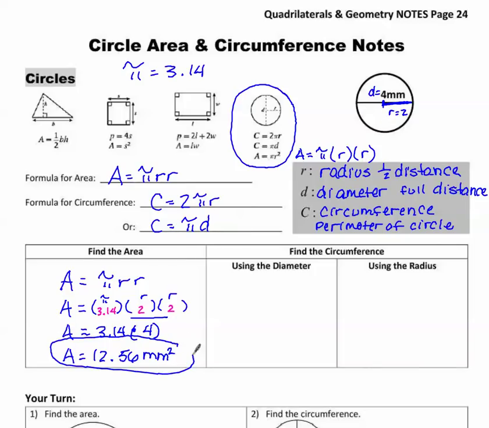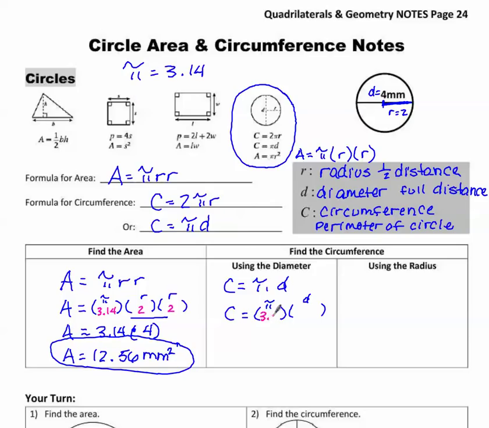Okay, now we're going to find the circumference twice, because I'm going to show you how to do it with the diameter, and I'm going to show you how to do it with the radius. So let's start with the diameter first. So C equals pi d, I'm going to leave the blanks now, d, and then let's plug those in.